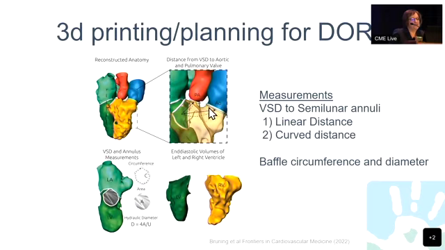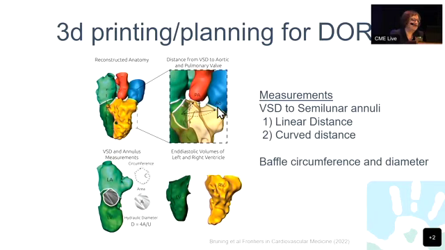One would be the direct measurement, which is just the solid arrow right here, but the other is this curved measurement right here, which actually has more in common with how the actual pathway will be, because although there's a certain linear distance that we might measure by echocardiography, when the baffle is made, it actually tends to have more of this curved kind of distance and appearance to it.